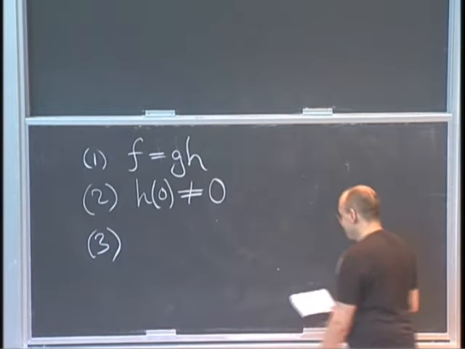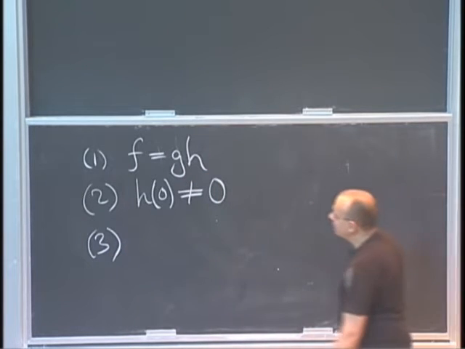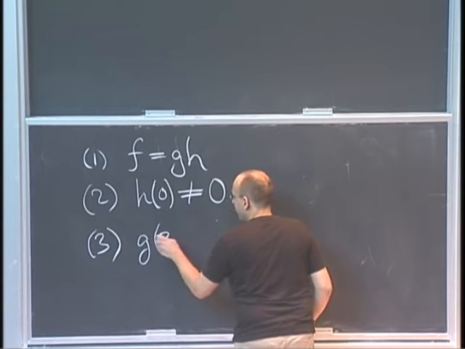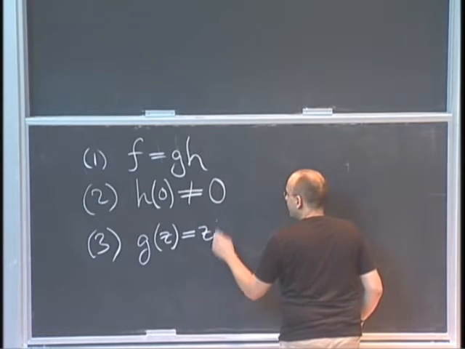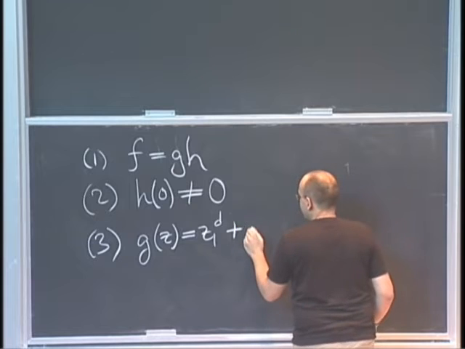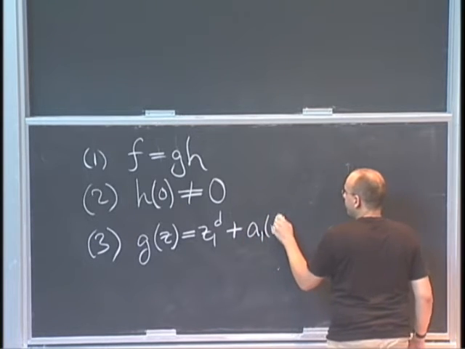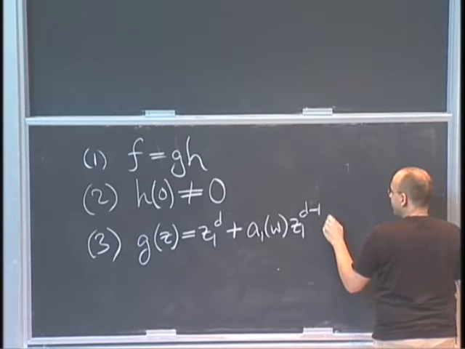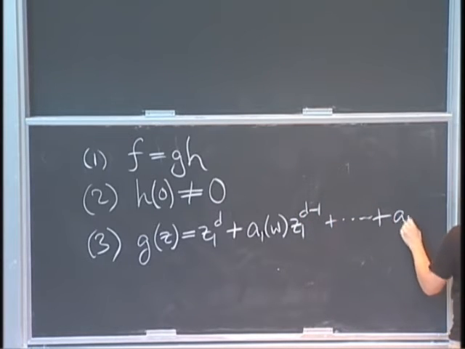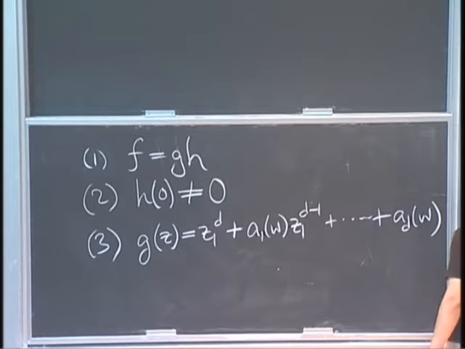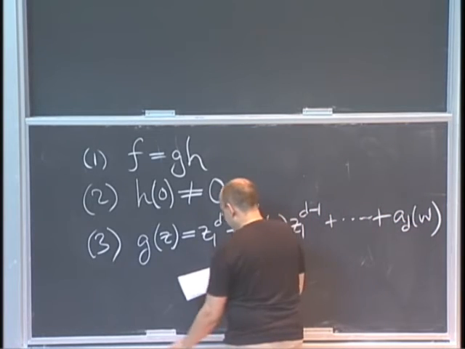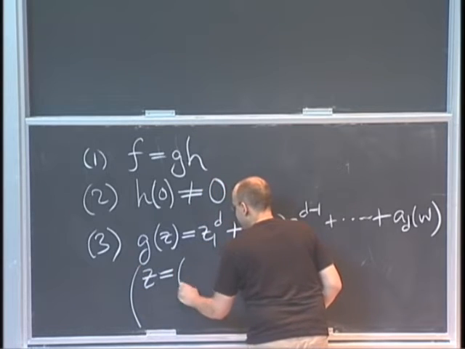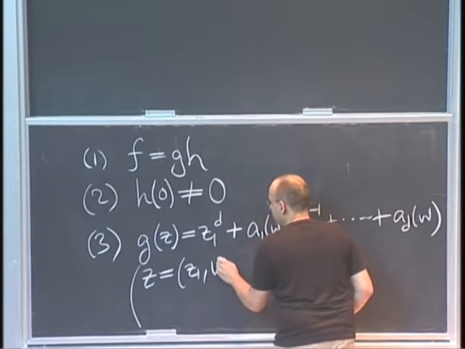The real content is about the shape of g. You can actually assume that g of z is equal to z1 to the d plus a1 of w z1 to the d minus 1 plus and so on, plus ad of w, where I've written z as z1 comma w.